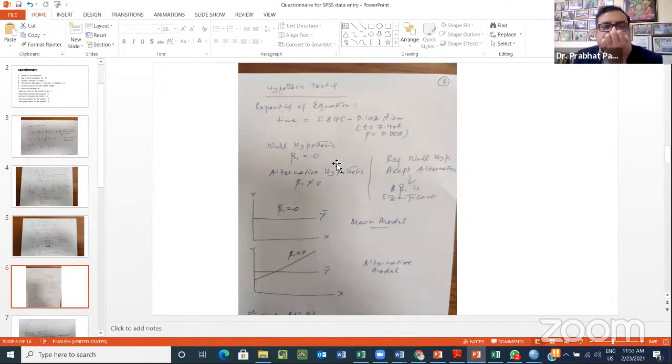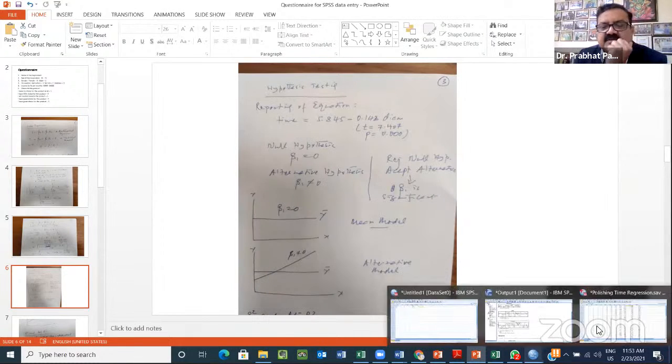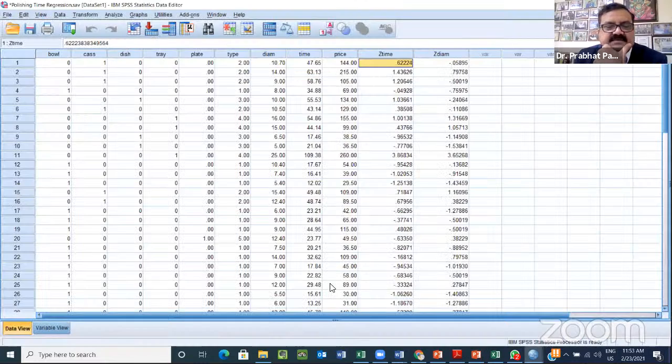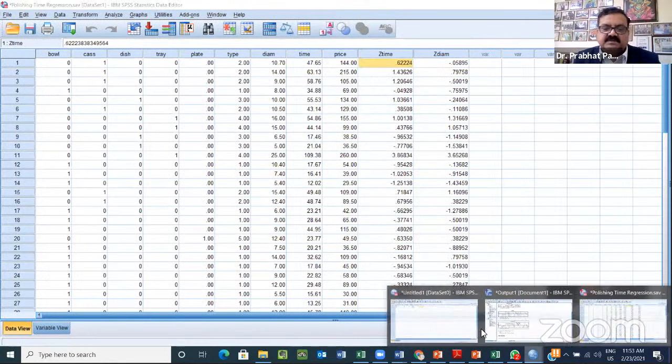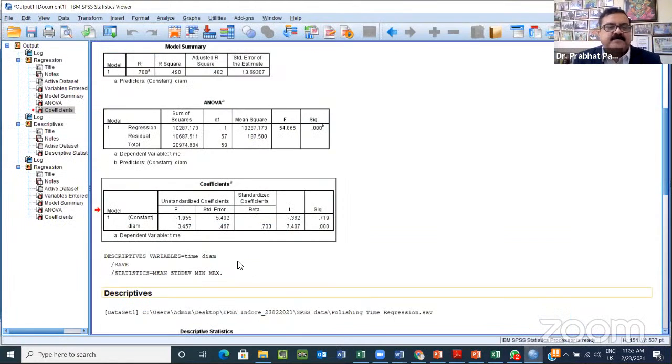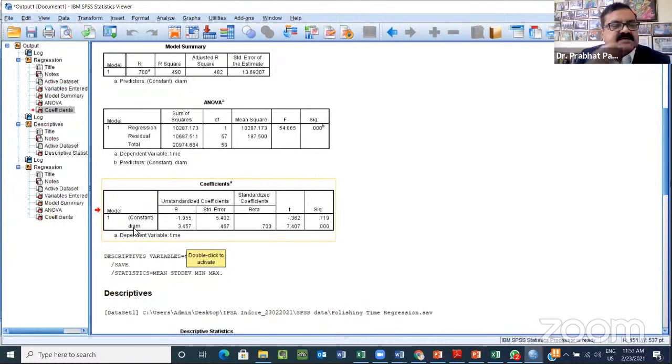So here, null hypothesis. So, why do we need to actually test hypothesis? If we go to the table again, we find that here the diameter has beta coefficient 3.457 and the t value 7.407 and the corresponding p value is 0.000, right?